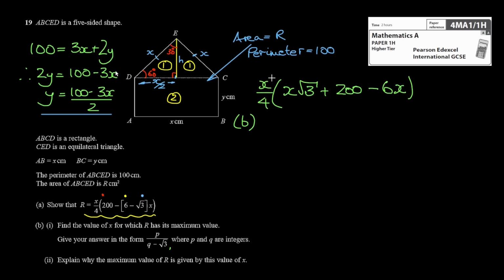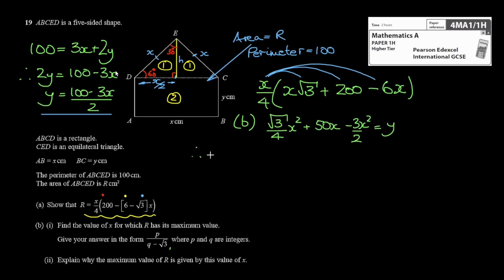So first of all, let's multiply these things back out again. So it's that multiplied by that multiplied by that. And let's say that's equal to y. So therefore, dy/dx is equal to 2 multiplied by root 3 over 4, x plus 50 minus 3x.